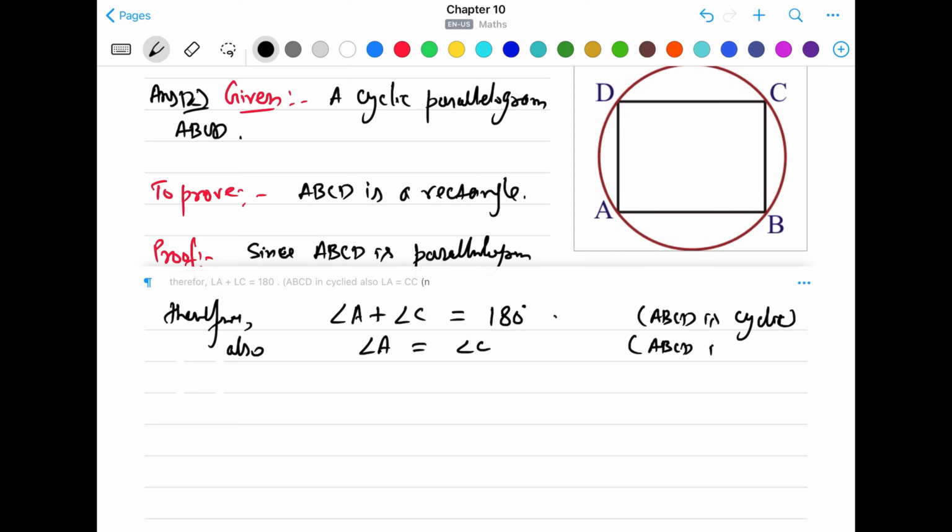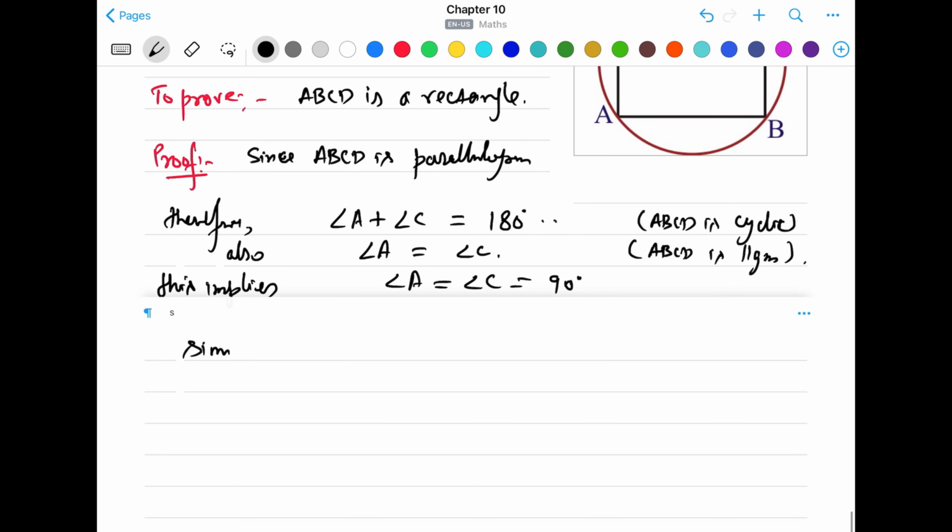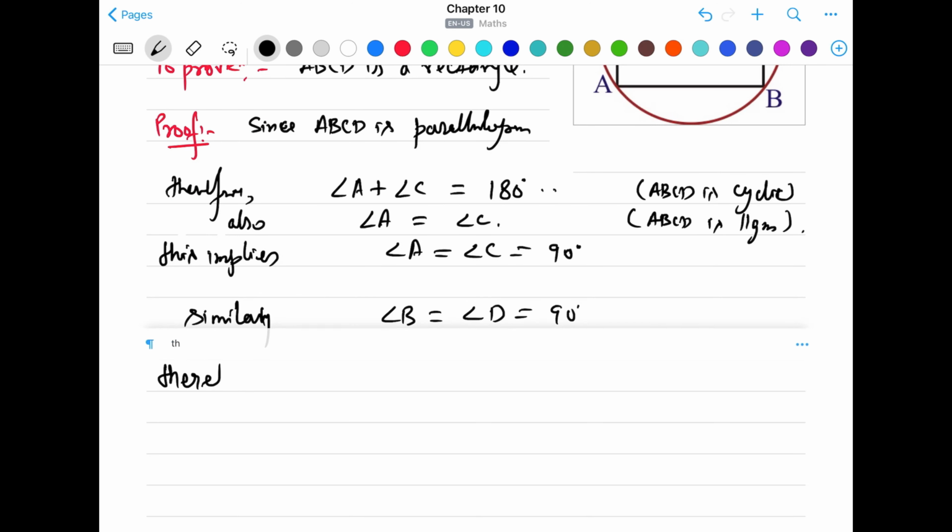And since ABCD is a parallelogram, opposite angles will be equal. This implies angle A equals angle C equals 90 degrees, because they are equal and their sum is 180 degrees, so each will be 90 degrees. So we have proved that one pair of opposite angles is 90 degrees, which means the other two angles will also be 90 degrees.